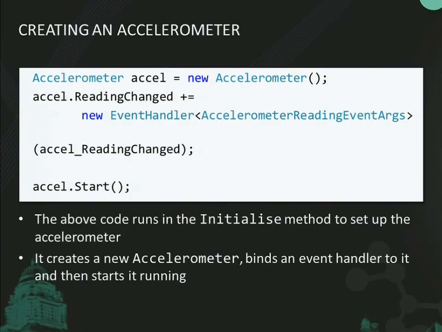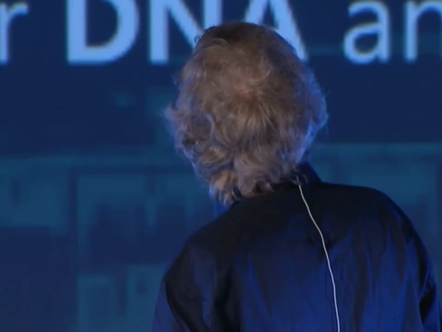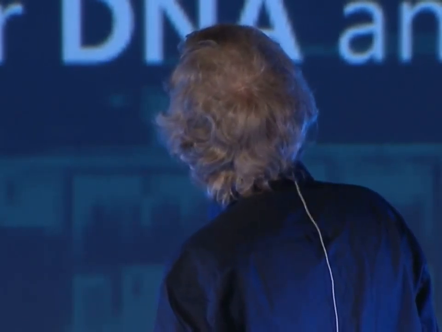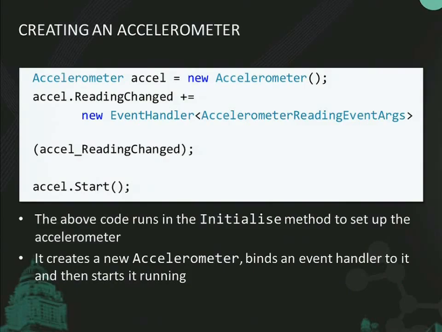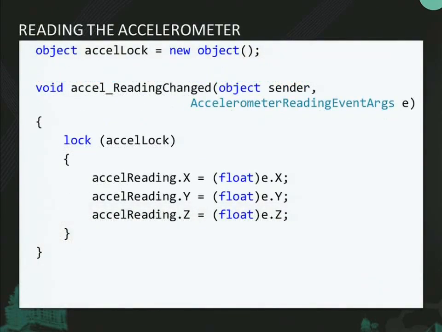I'm sorry about the layout, it's gone a bit wibbly, but that's the method I'm going to get called each time. So make an accelerometer, bind to the changed event, start it running, and now every time the hardware in the phone gets a new value, it's going to fire my event to do something with it. Okay? So that's easy enough. And all my method does is get the X, Y and Z values out of the accelerometer.